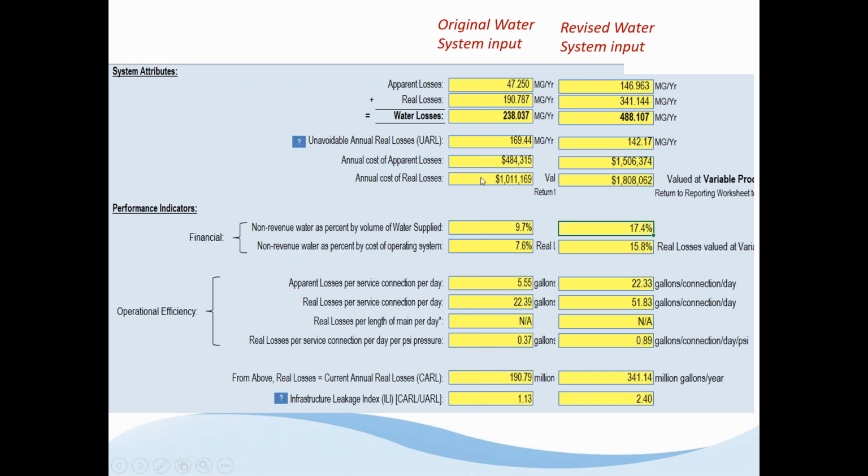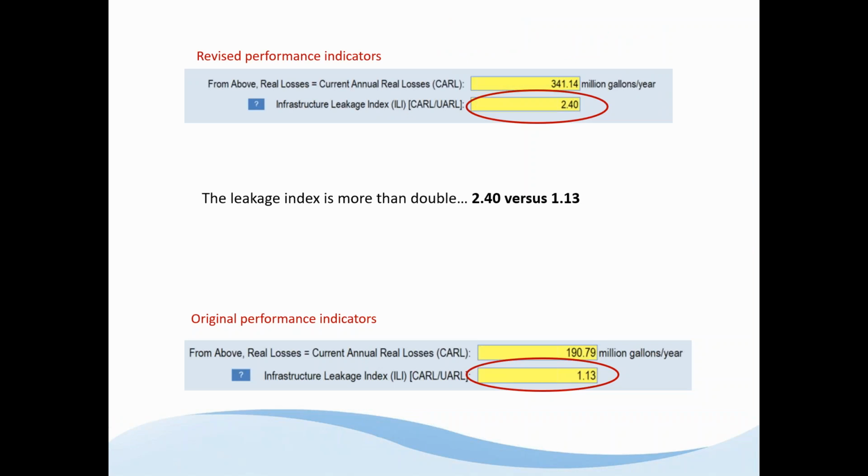So this has a huge effect, both in total volume of water, a huge financial effect, and a huge effect on your percentage of losses as you look at the whole thing. Everything basically, in essence, better than doubled.